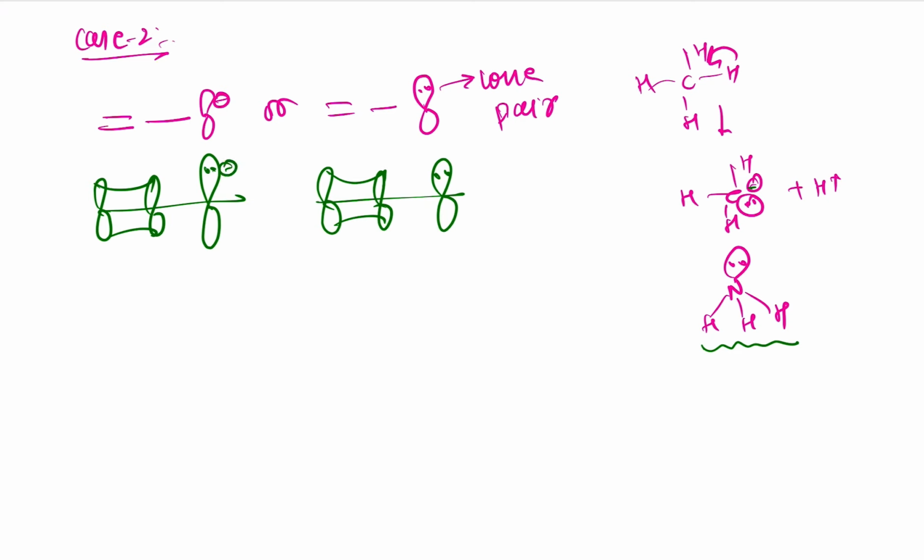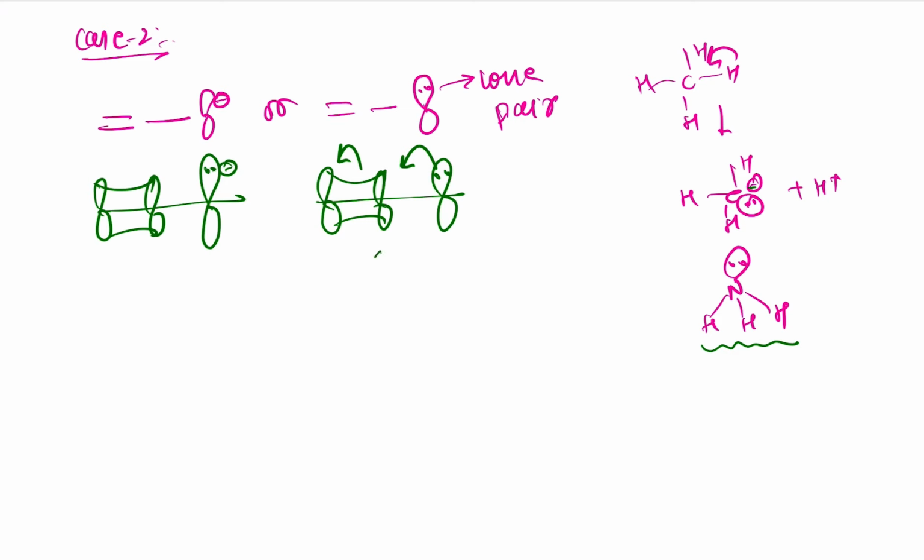Here, what will happen in this conjugation? First there is a movement of the lone pair. There will be a movement of the lone pair, not the double bond. So this lone pair will shift and this will shift. We have seen the previous case: positive charge means there is no electron, so nothing will move. If there is nothing, how will it move? The movement is only of the electrons.